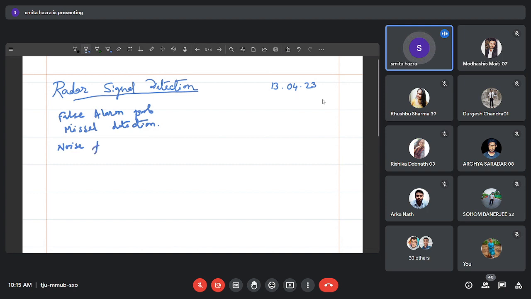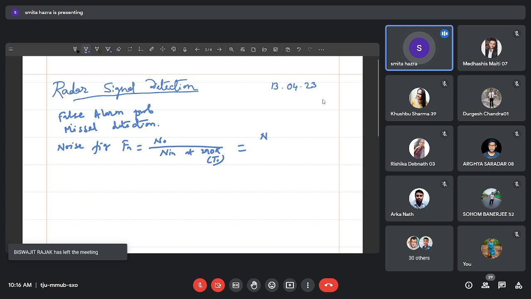So the noise figure Fn is equal to how much? Output N by N input at 290 K, because that is the standard temperature, or that is known as the physical temperature, which we show with the symbol T naught.